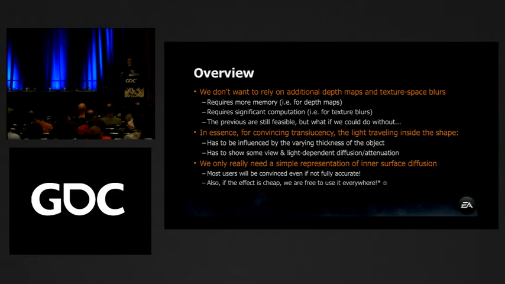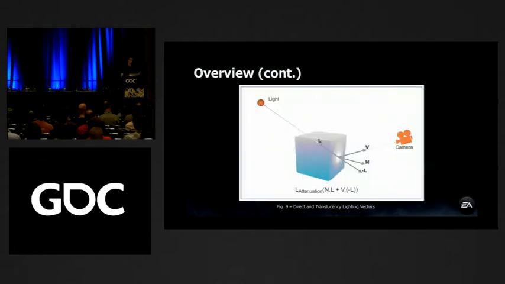So basically, if you combine these 2 elements together, most users will be convinced that objects are actually translucent, but they're not. So also, if the effect is pretty cheap, well, I guess you can justify using it pretty much everywhere. Whereas the most complex subsurface scattering-like translucency techniques are usually limited to in-game cutscenes or very limited moments of your game.